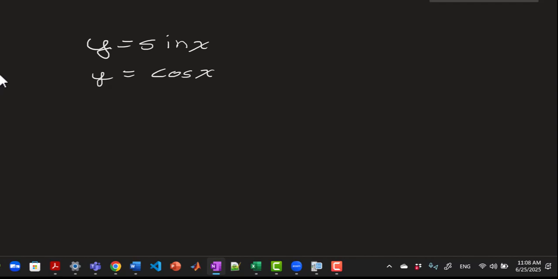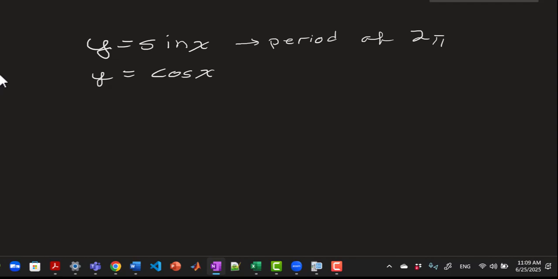So y equals sine x, one thing you need to know about it is that it has a period of 2 pi. What that means is it repeats itself every 2 pi. The 2 pi is in a unit called radians, and I'll explain those in another video as well.